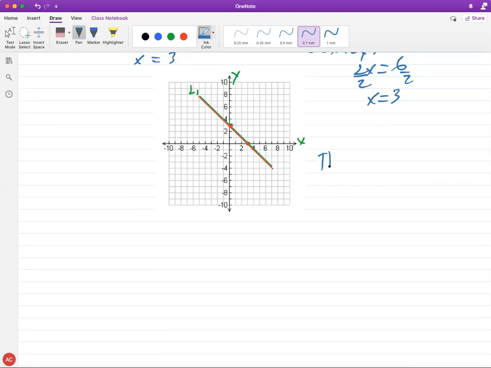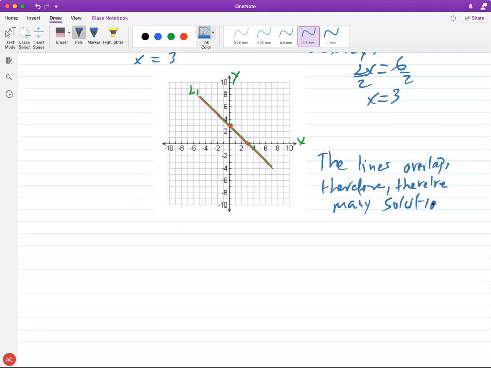So the lines overlap. Therefore, there are many solutions. Or you can say infinitely many.